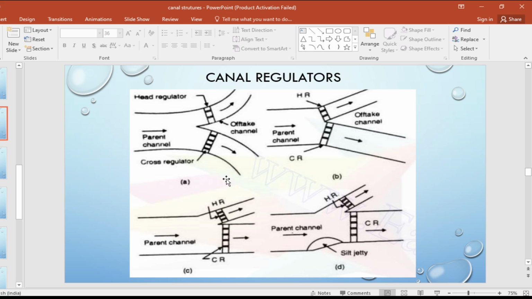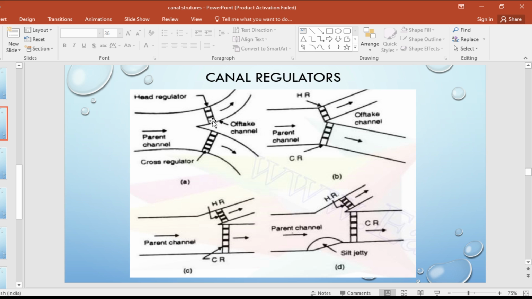In these figures, figure A, figure B, figure C, and figure D, first of all you can see the off-taking channels, this channel and this channel. These both are off-taking channels, and this is your parent channel from which the sub channels, that is offtake channels, are provided.